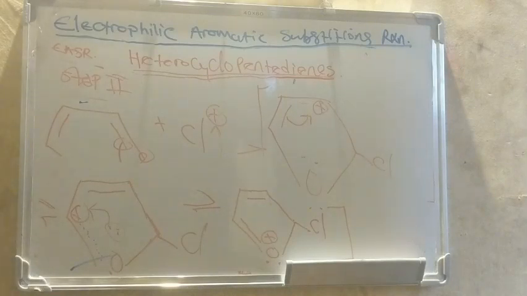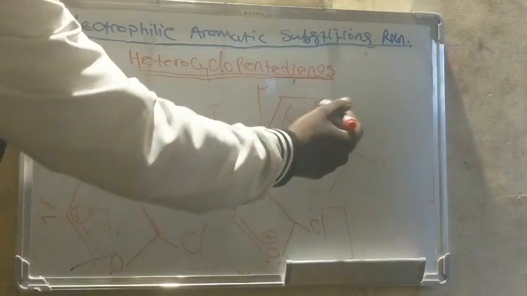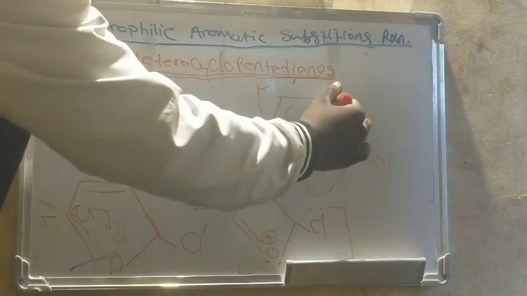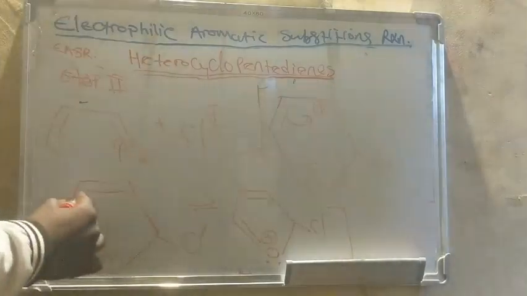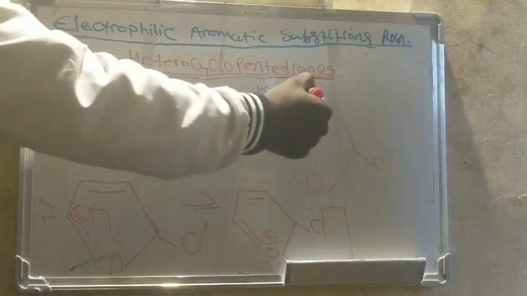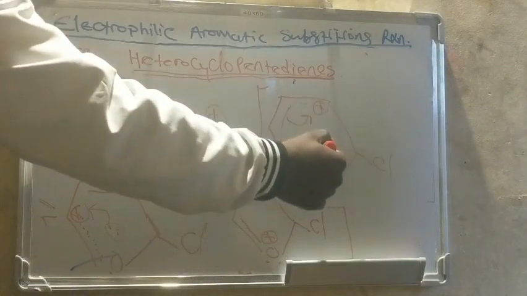So the arenium ion will depict the movement of the positive charge within the ring. So the positive charge has begun from here and has resonated to this position and finally to this position. So that means the resonance starts from here and it ends here.